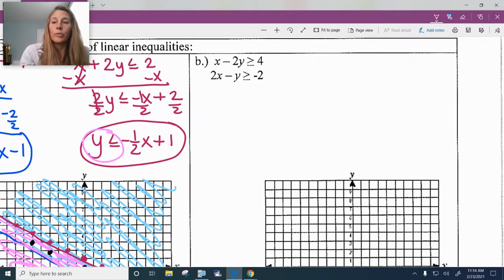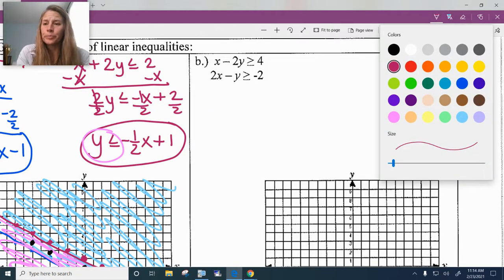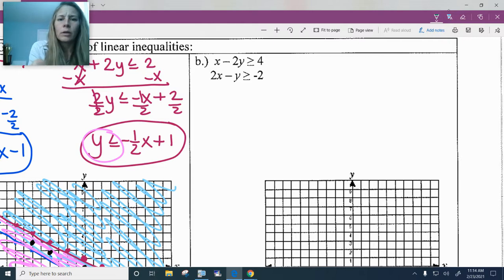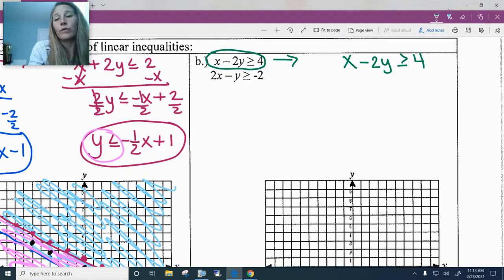Okay, so example B, same idea here. Let's try some different colors so that we can mix it up a bit. So this first one here, I'm going to recopy and do over here just so I have a little bit of room. So x minus 2y is greater than or equal to 4. Again, we're getting that y by itself.